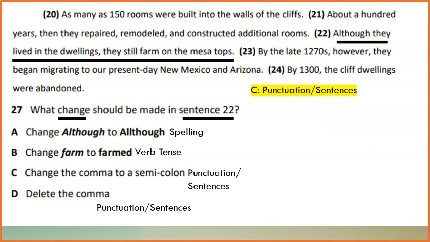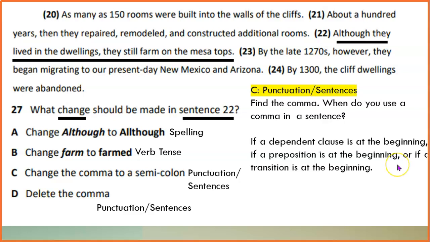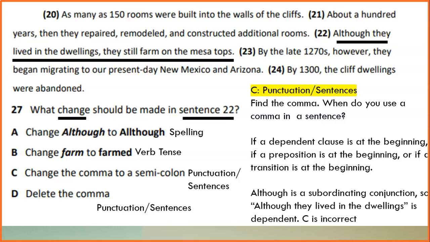C is a punctuation sentence type question. So I have to find the comma. Where do I see the comma in the sentence? Although they lived in the dwellings, comma. If a dependent clause is at the beginning, if a preposition is at the beginning, or if a transition is at the beginning, then I need a comma. Although is a subordinating conjunction.